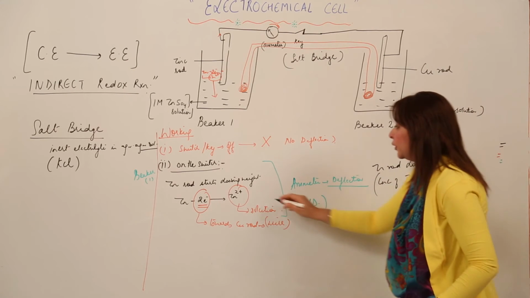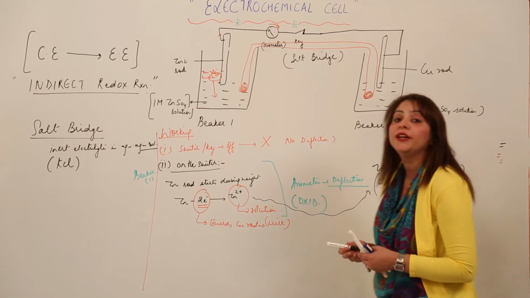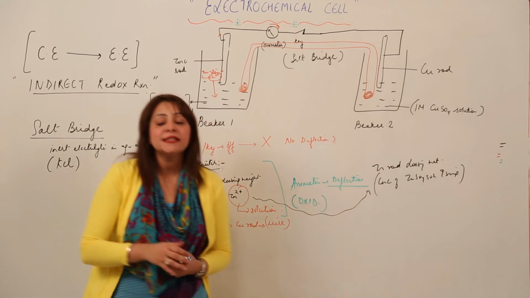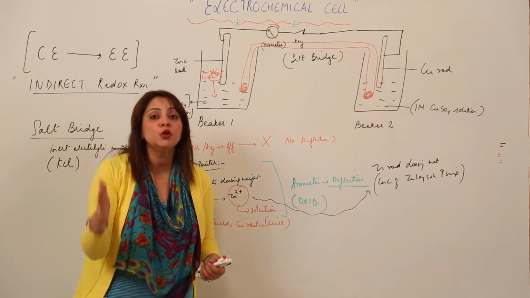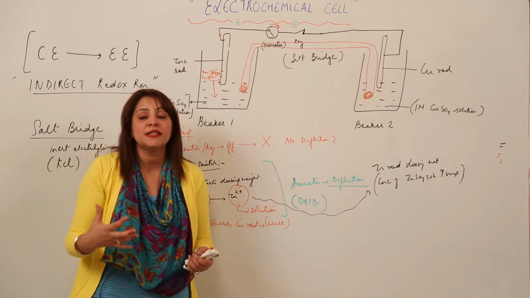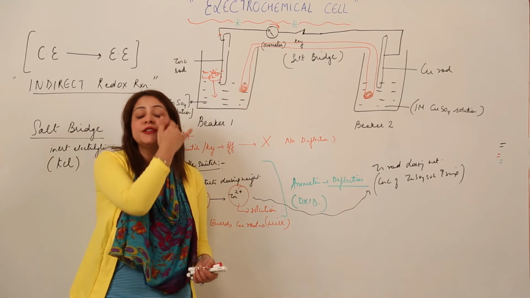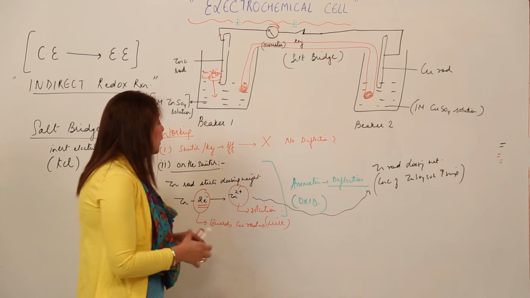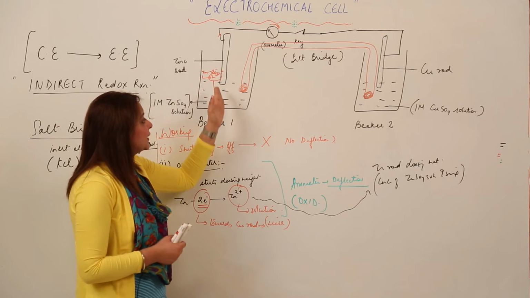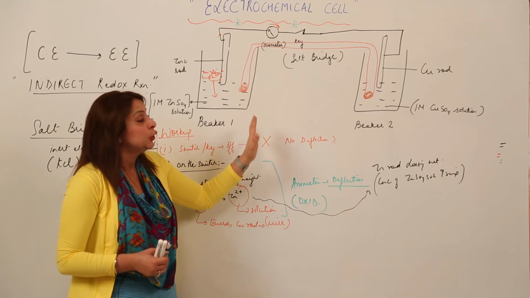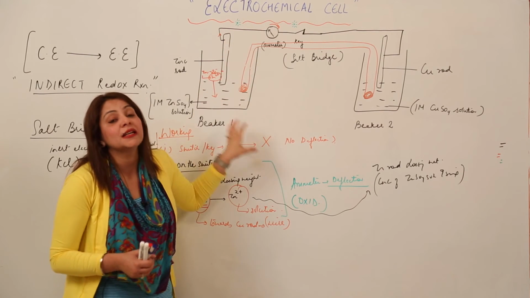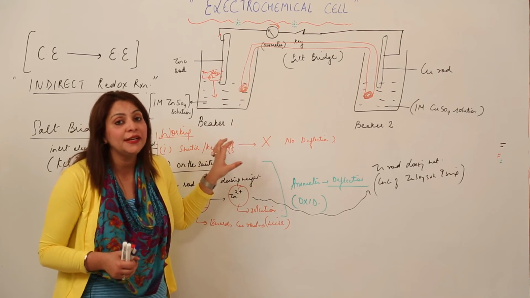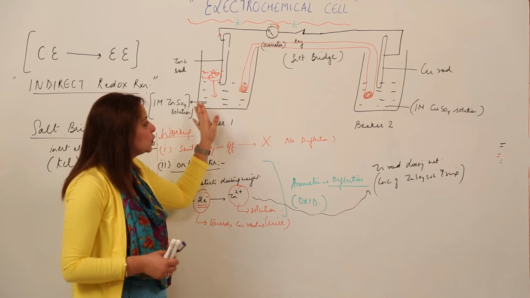Why is it increasing? Because these zinc 2 positive ions are going into the solution. So the rod is losing weight because it is losing 2 electrons and the atom is getting converted into ions, as it is showing oxidation. But these zinc ions are moving into the solution. That means though the zinc rod is losing weight, the concentration of ZnSO4 is increasing with time.